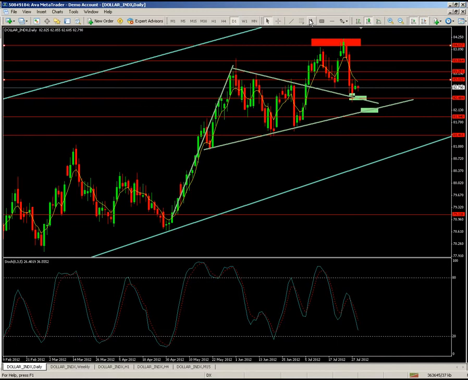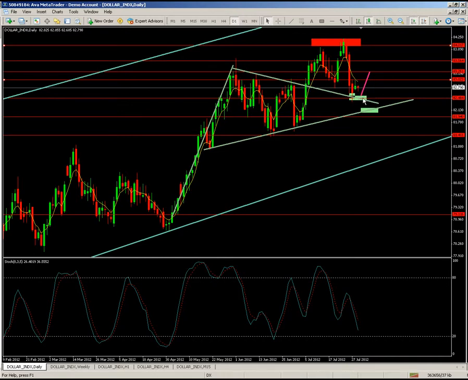And for today, I would like to see a push down into this zone, and then we see whether we make a lower low. If we don't make a lower low and it's a lower high, then we might just push up from somewhere here, or it could be happening right now. The only thing is that if it is happening now, then I think the price action will struggle a little bit.